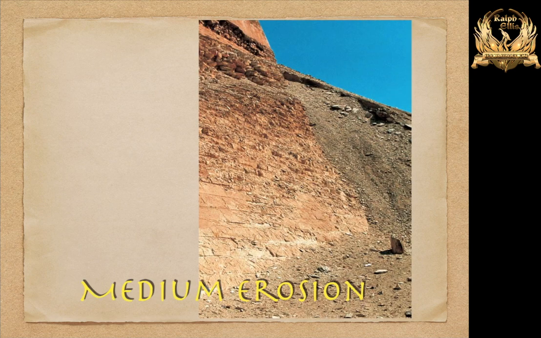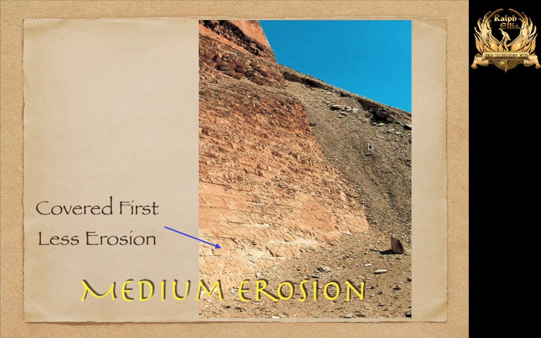So this is down at the step pyramid at Medum, and here we see much more erosion. So down at the bottom here we see less erosion because this was covered up first by the debris that's here on the right side. Why the debris?